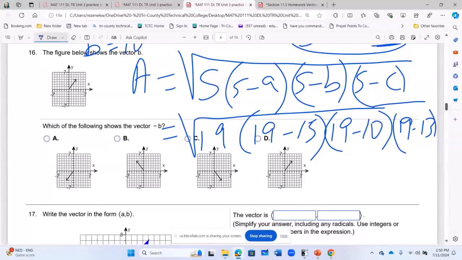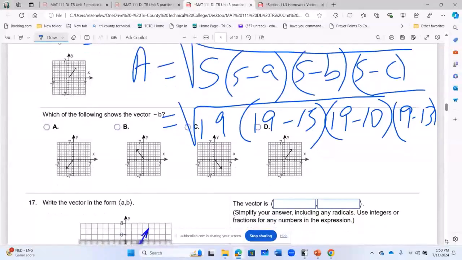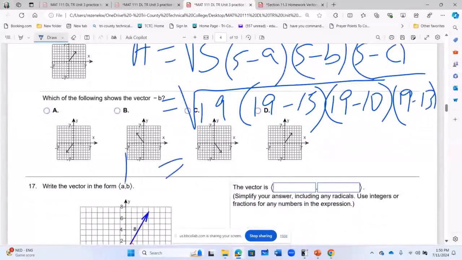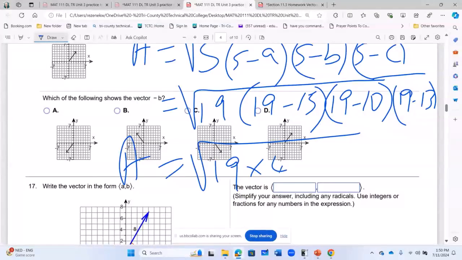And I'll pull up my calculator. I can put all of them in or just finish simplifying them. So the area by Heron's formula is going to be 19 multiplied. 19 minus 15 is 4. 19 minus 10 is 9. 19 minus 13 is 6.